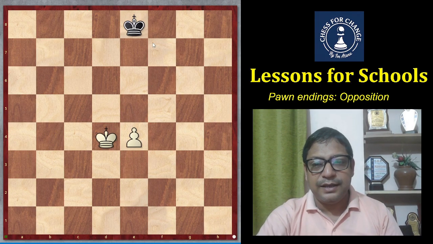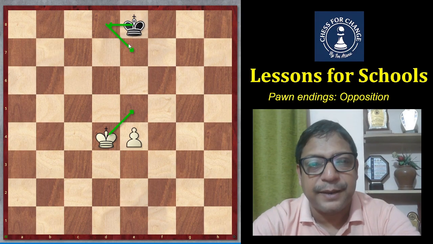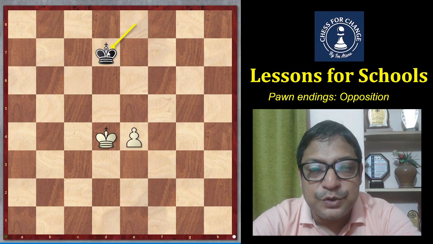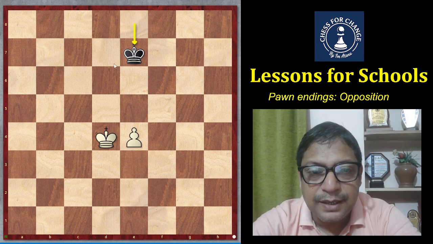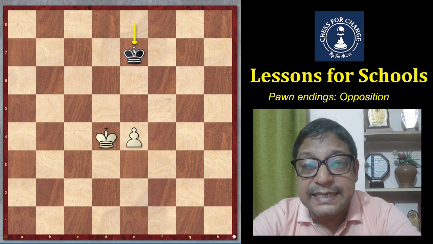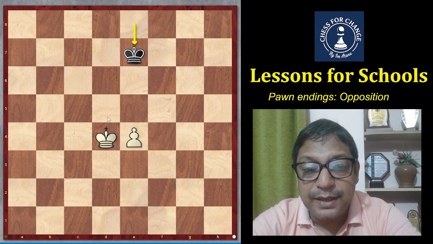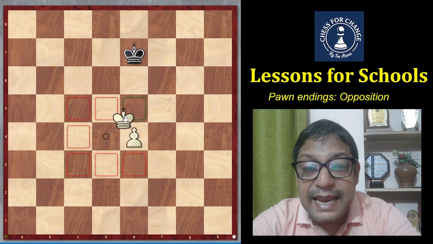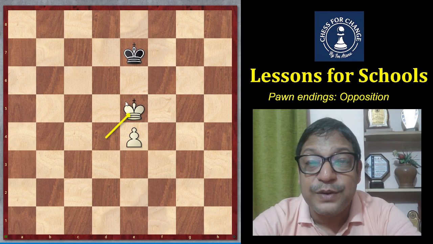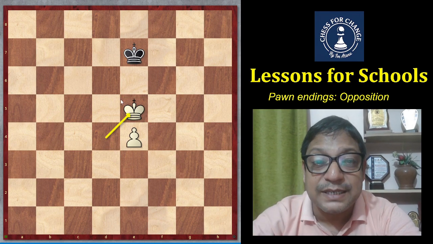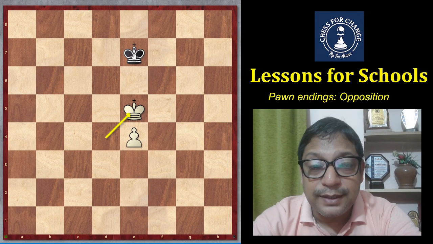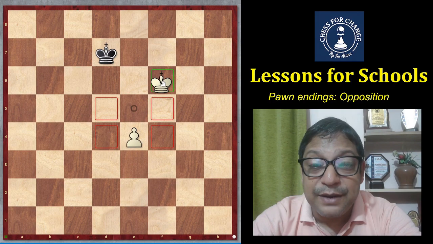Now the king can come to d7 or the king can come to e7 forward. Now if the king comes to e7, it was black to move, black's king came up, then white would stand in front of the black king and white will claim I have the opposition because it's your move. Now wherever the king goes, the white king will make further inroad.